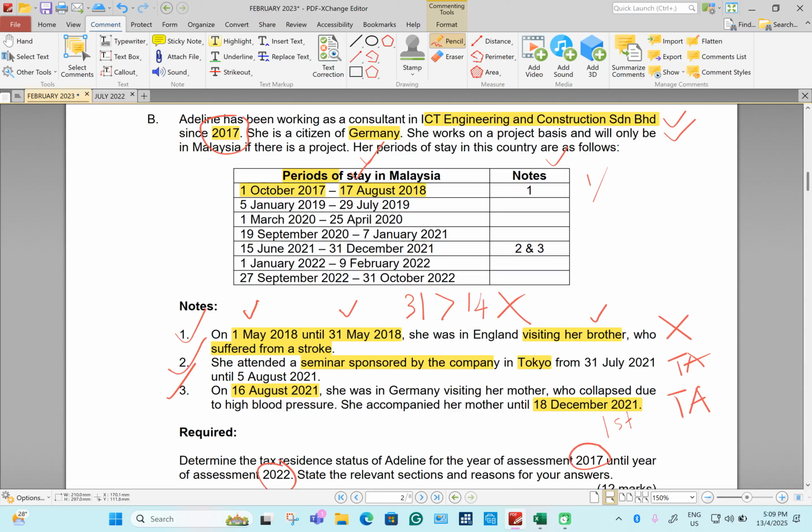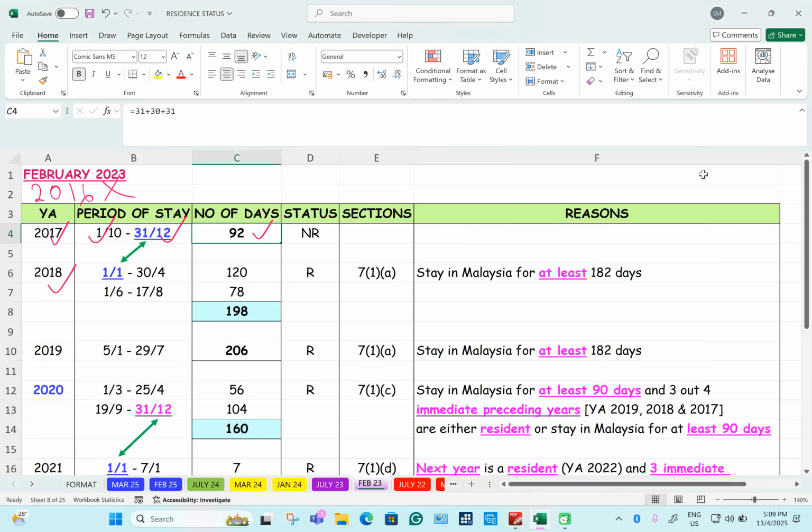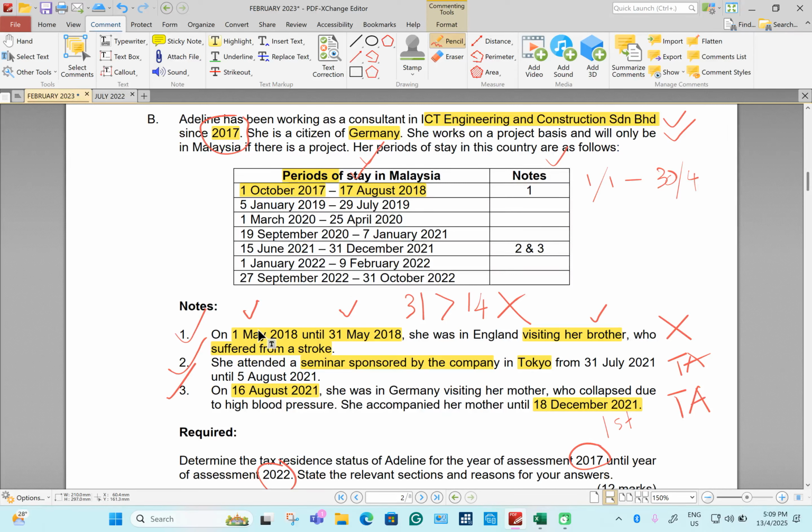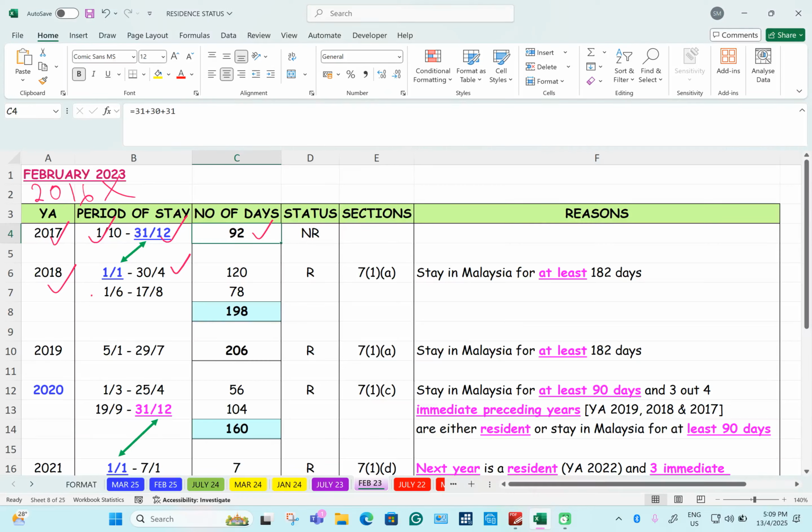So 1st January 2018 until before 1st May. So before 1st May is 30th April. Okay, so record here 1st January to 30th April. And then don't forget about the missing month here, guys. She was not in Malaysia for the whole May. Alright, 1st until 31st May. Okay, continue. After 31st May is 1st June.